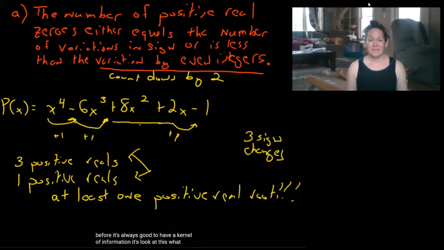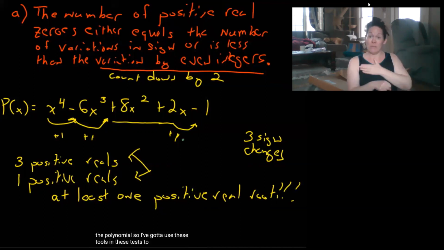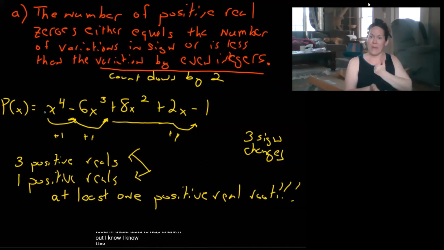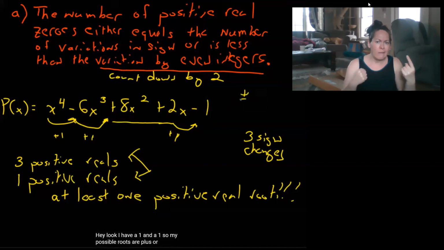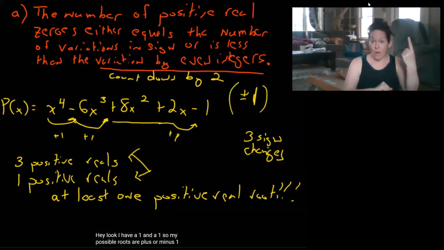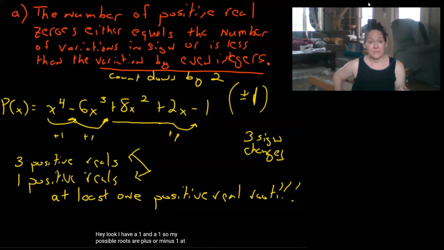Because look at this. What are the roots to this? I can't see it in the polynomial. So I've got to use these tools and these tests to help chunk it out. I know, hey, look, I have a 1 and a 1. So my possible roots are plus or minus 1. At least one of them has to be positive, so I guess one of them is positive 1.